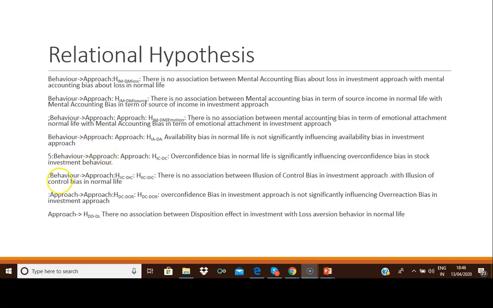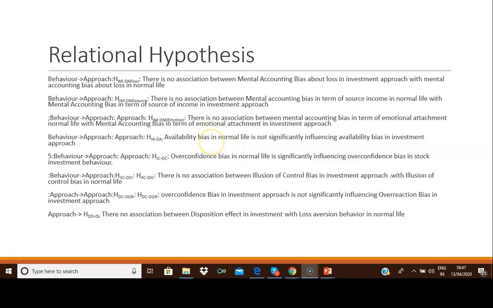Similarly, the relational bias, wherever there is a dependent and independent variable. So let me show one of the dependent and independent variables. The hypothesis: overconfidence bias in normal life is significantly influencing the overconfidence bias in the stock investment behavior. So this will be the alternative hypothesis.